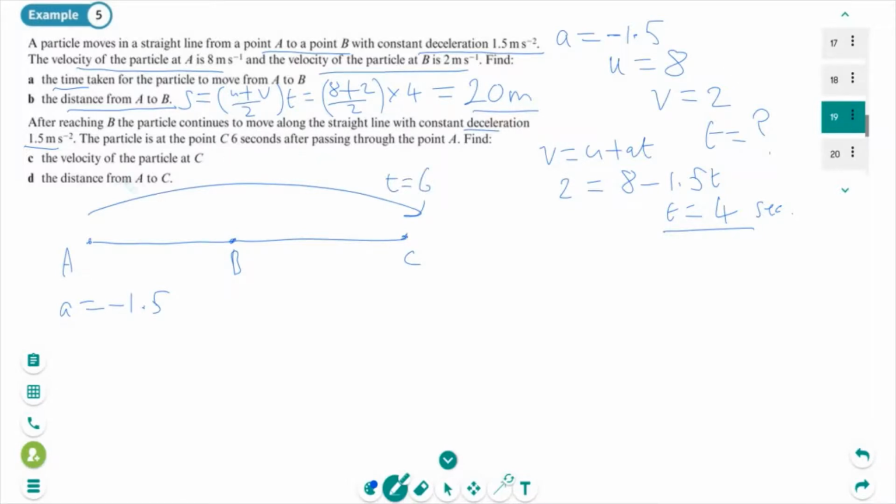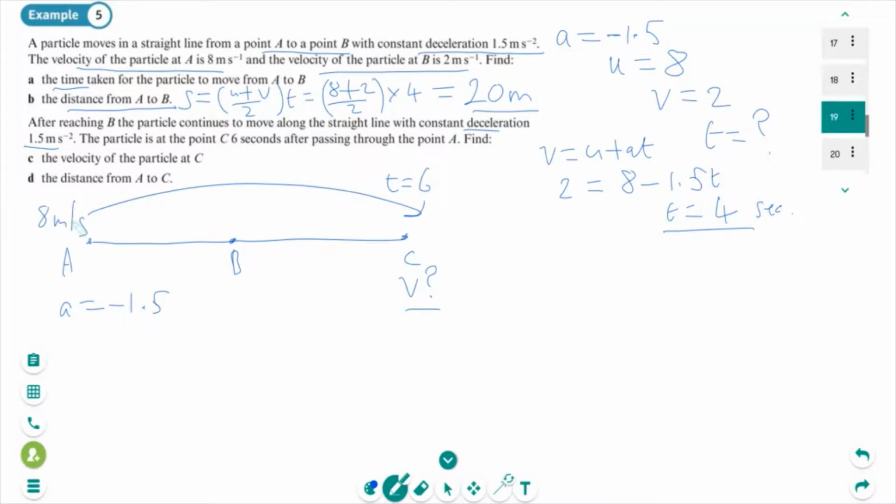Okay, find the velocity of the particle at C. So you want to know what V is. We know what A is. We also know the velocity at A, which, remember, is 8, so at the beginning it's 8 meters per second.